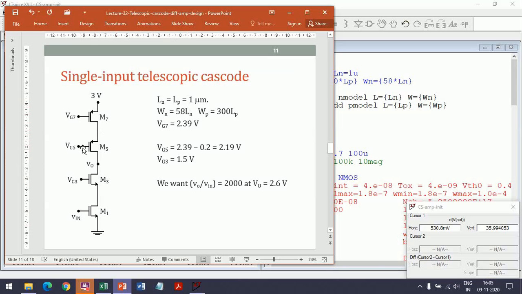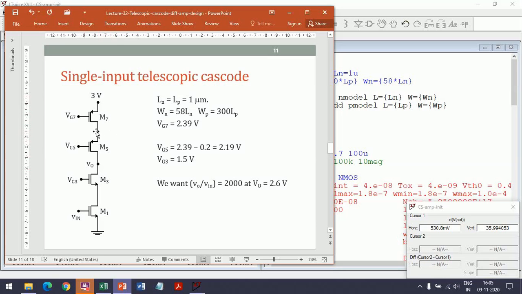There are two additional voltages that need to be determined. So let us talk about those. VG5 has to be such that M7 has a 0.2 volt drop across it, right? We want a total of 0.4 across two transistors. So we want 0.2 across M7. So this node has to be at 3 minus 0.2, at 2.8 volts.